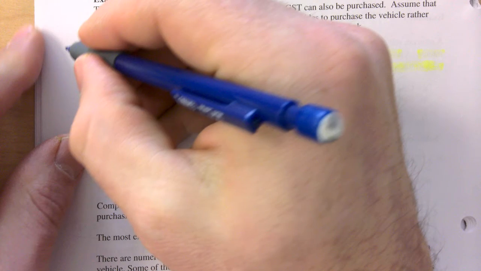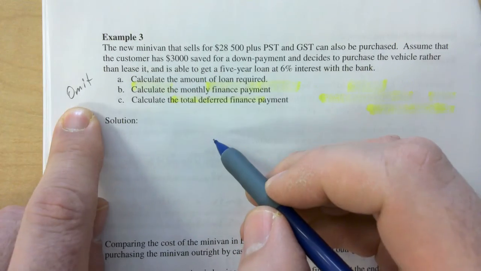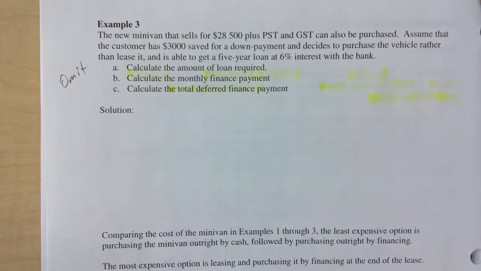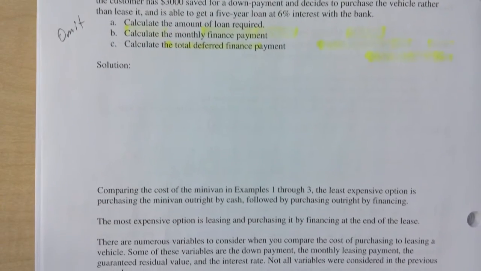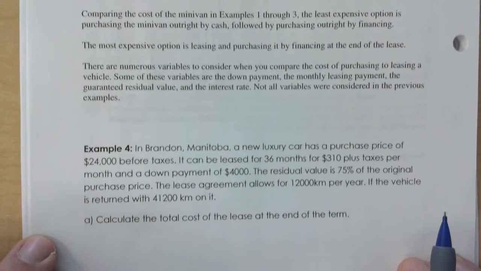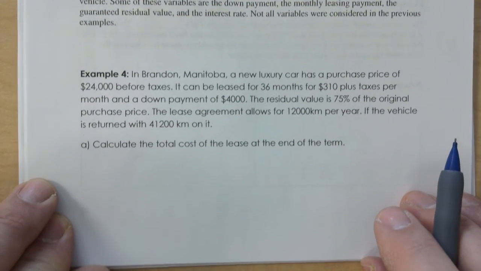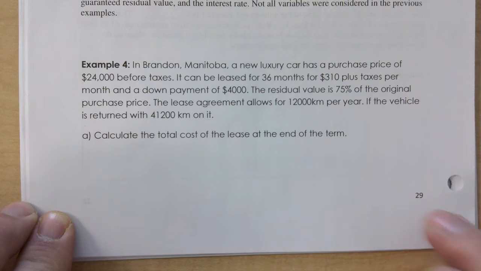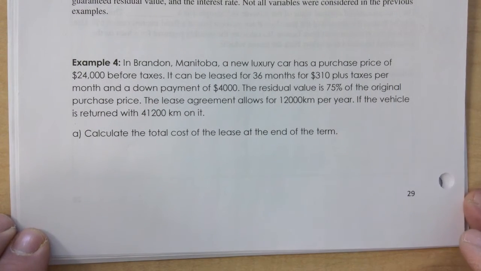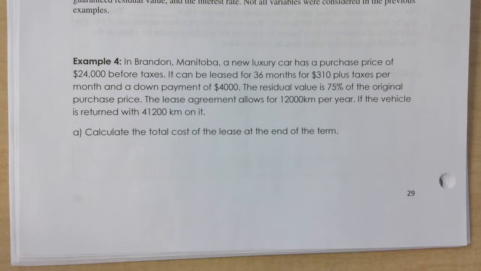So omit example 3 as well, or skip, right? So you're not worried about missing anything. I might do it later, probably not. So let's go straight to example 4 here on page 29. And that'll be the last thing we do today, and then tomorrow you'll have some chance to work on it yourself.